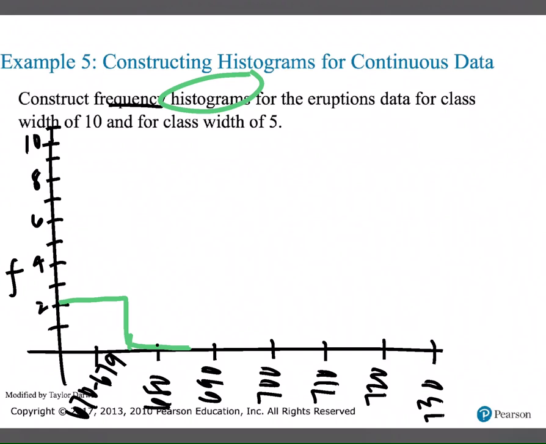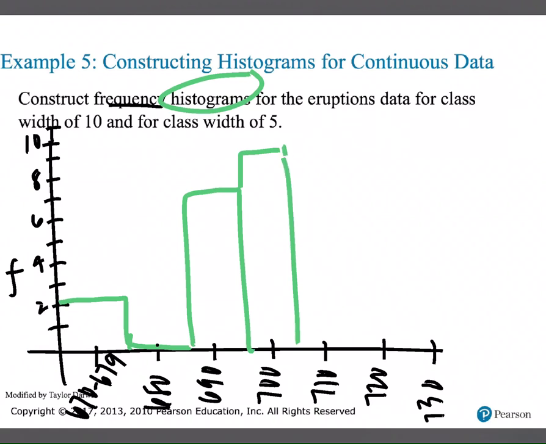690 to 699, we had 7. 700 to 709, we had 9. We had 9 from 710 to 719. 720 to 729, we had 11.